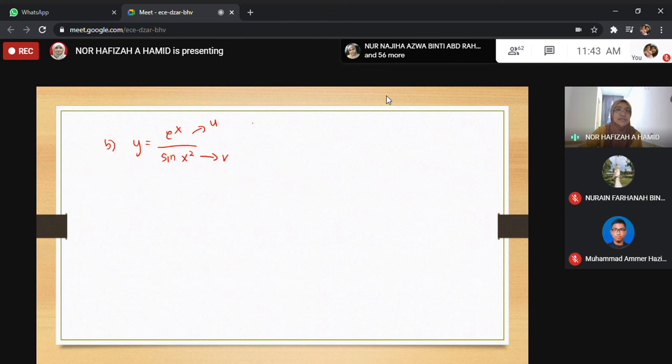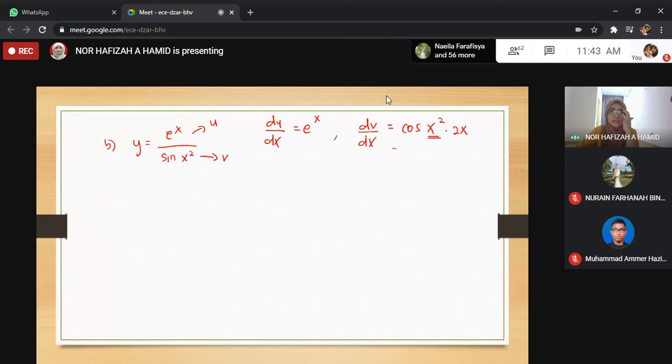So differentiate du over dx, differentiate ex is ex, and differentiate v, dv over dx, differentiate sine x squared, you will have cos x squared. So jangan lupa differentiate balik angle dia, so dapat 2x. So equal to 2x cos x squared.